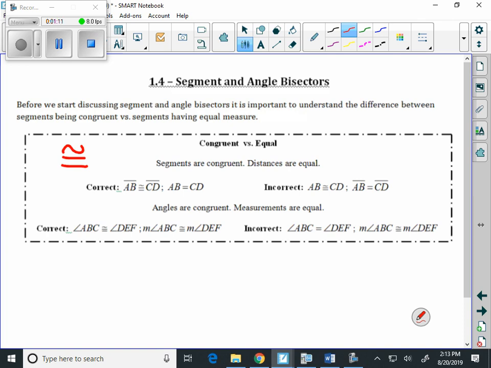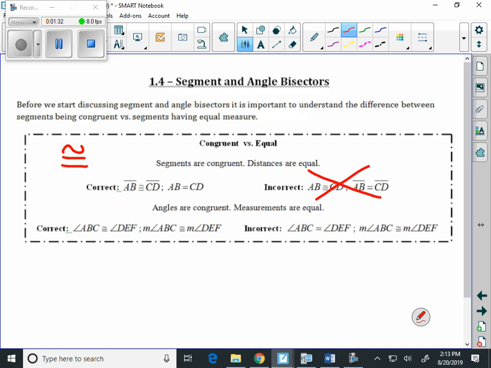So over here on the left, AB congruent to CD without a line segment, not right. And this as well, not right. Same thing with the angles here, and I think I have a typo down here. Angle ABC is congruent to angle DEF.